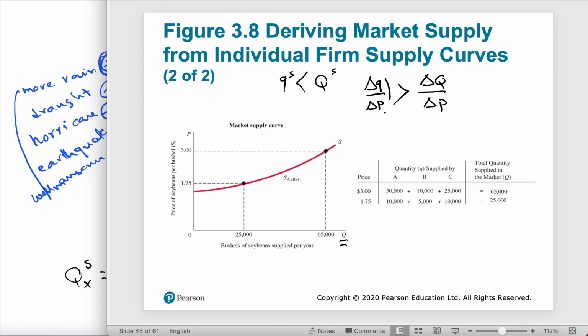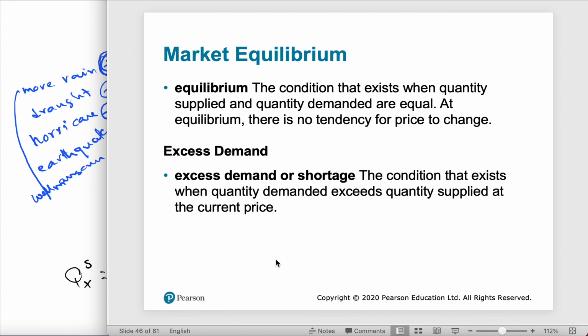So individual slopes are sharper than the market supply curve. Now we have everything for putting the forces of demand and supply together and discussing the market equilibrium.